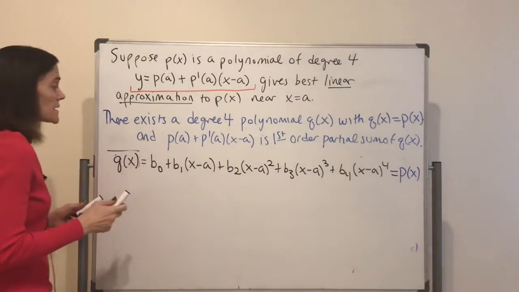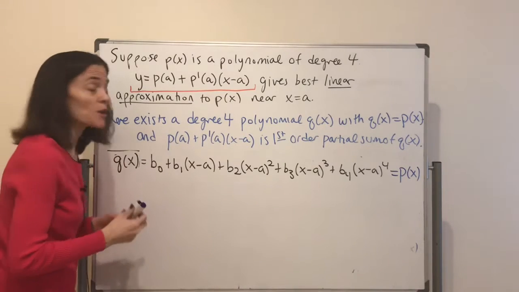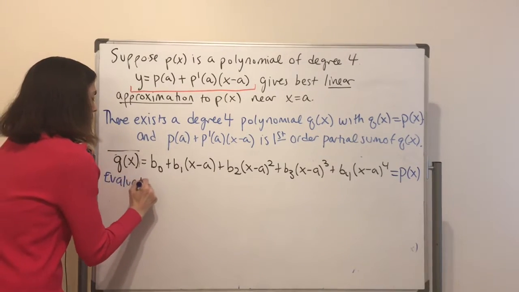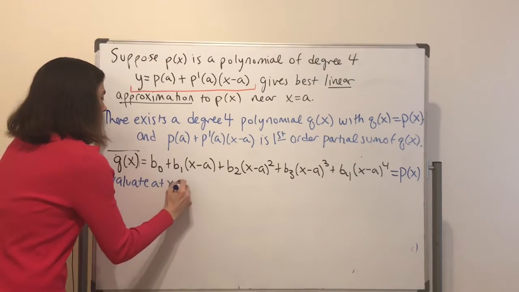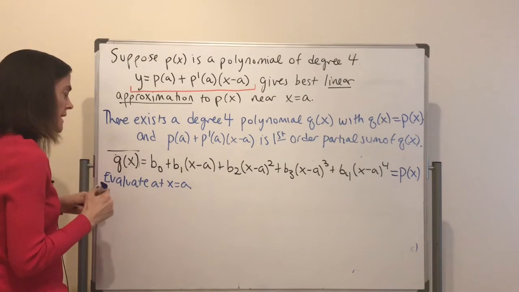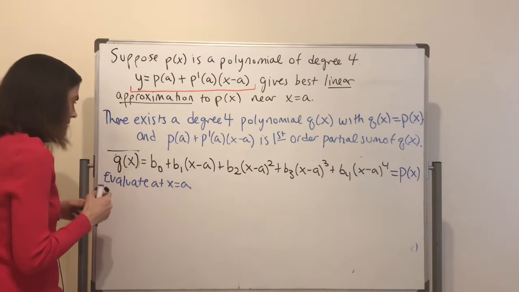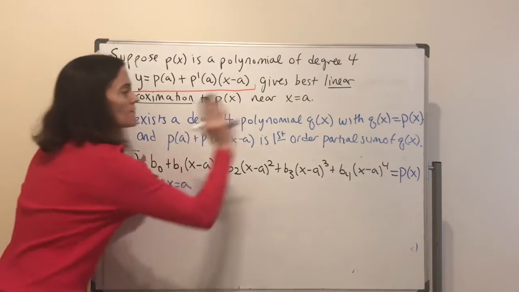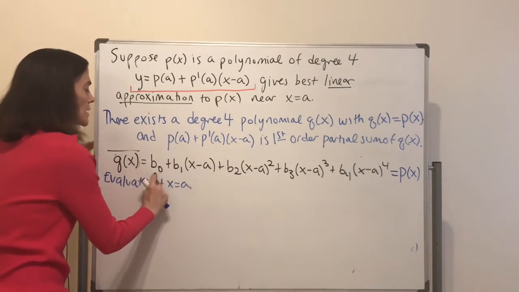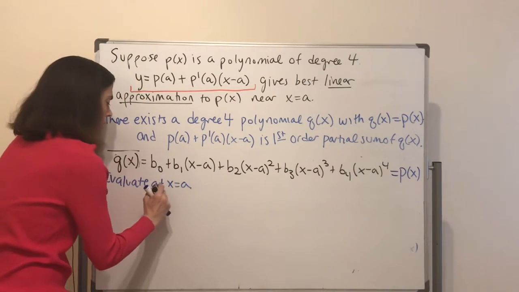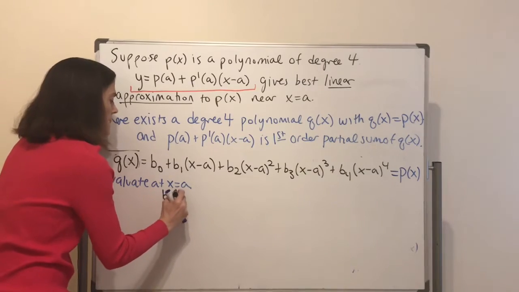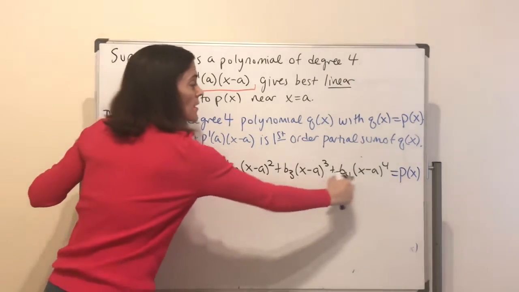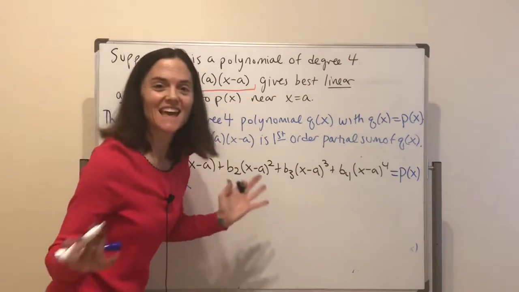If you look at this, the first thing we can do is evaluate at a. Here is my q of x. Evaluating, we get b0 plus 0, 0, 0, because a minus a is 0.